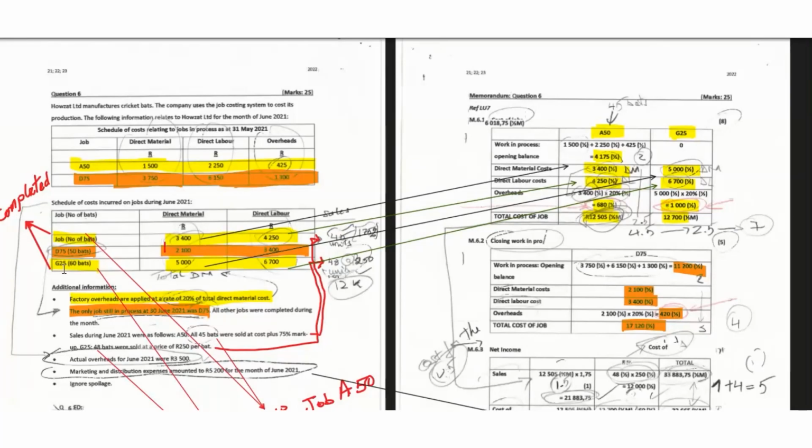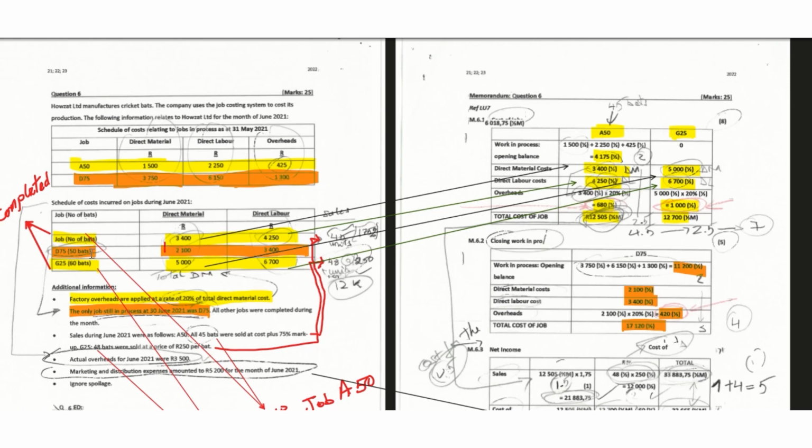G25 is specifically for June, because D75 we have previously. We have an opening balance for D75, but 850 is not there for June. I'm not seeing it.